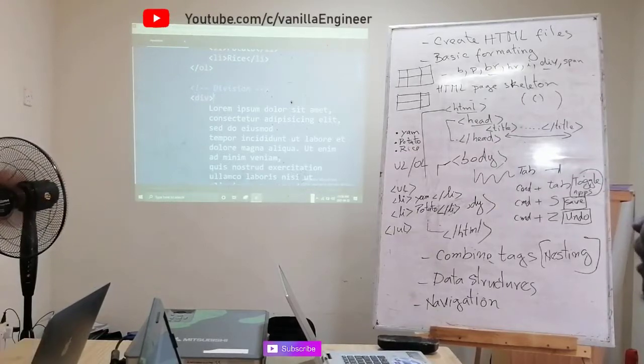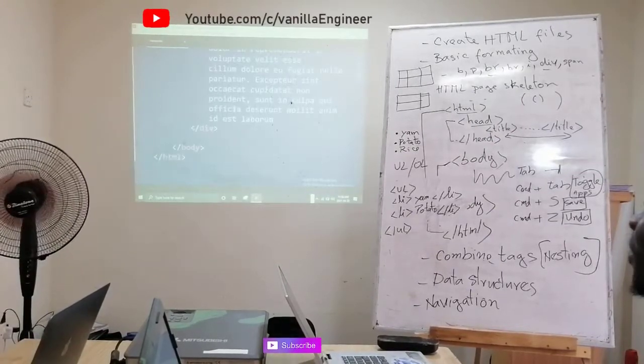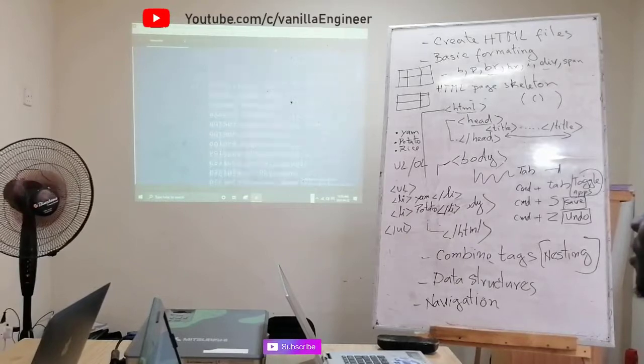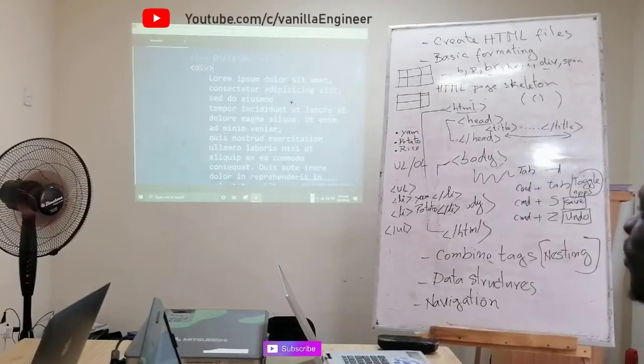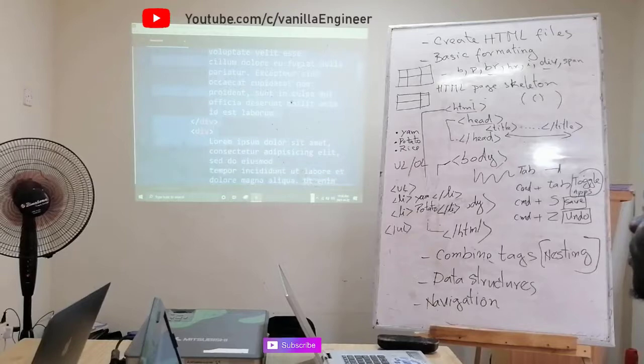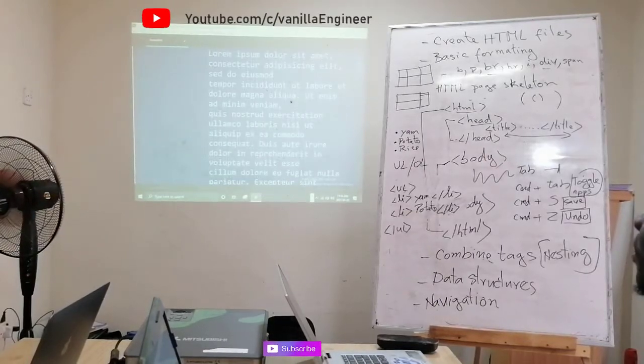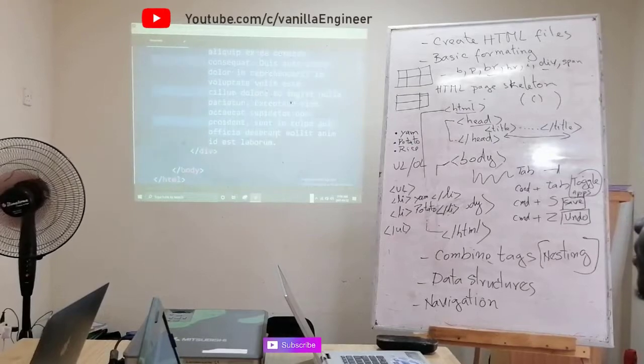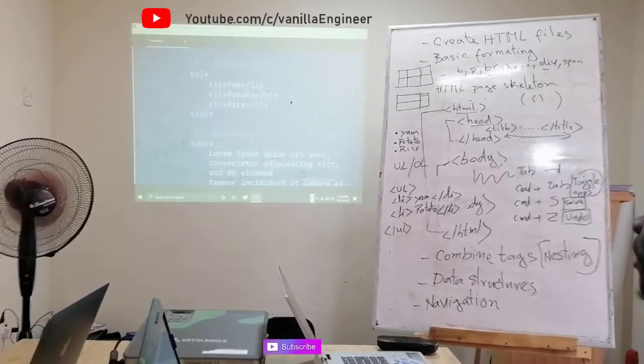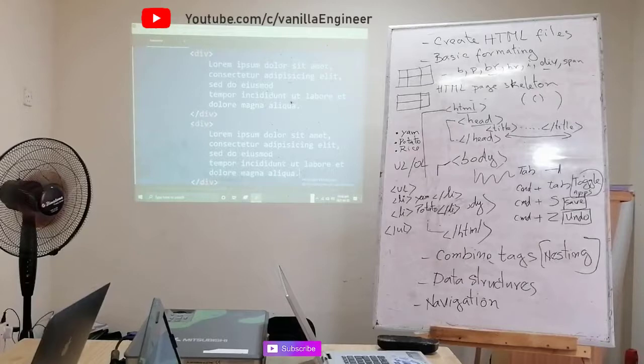Now we have two divisions with plenty of text in them. This text is too much, so I would like to go inside one of the divisions and reduce the text a bit. Just keep one or two sentences, so that we can read our code. It's too much.